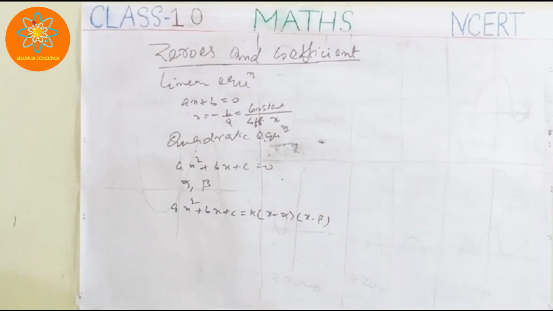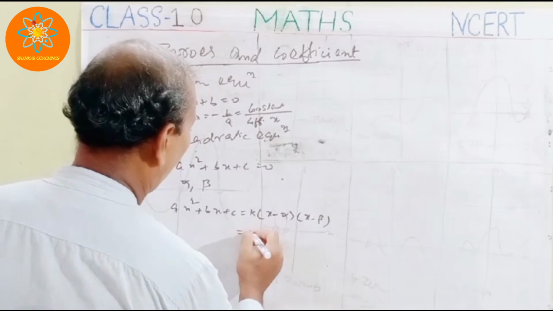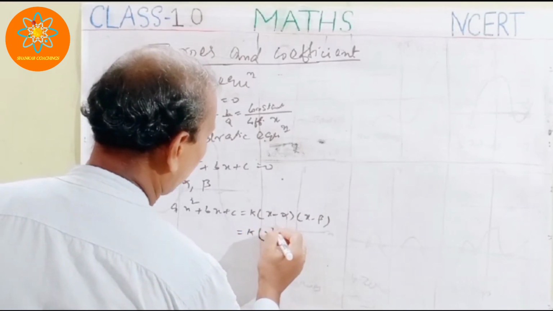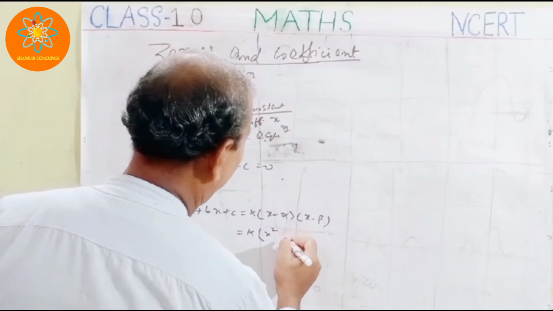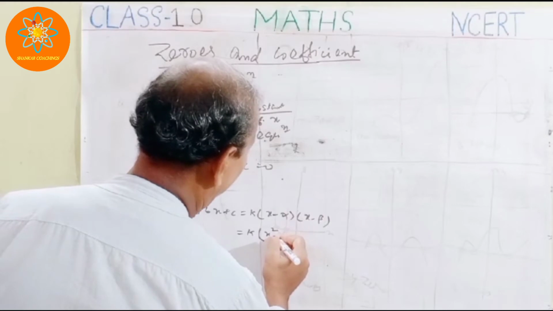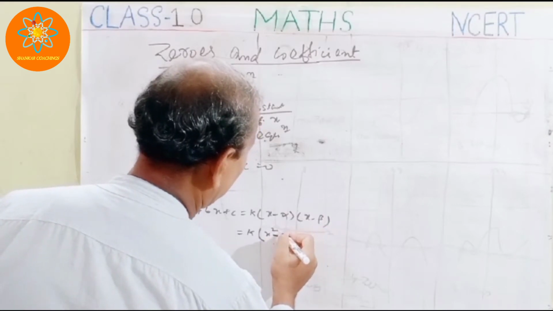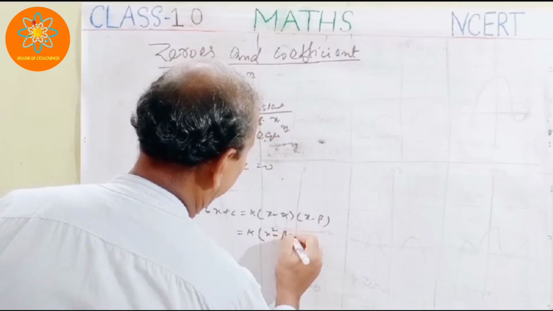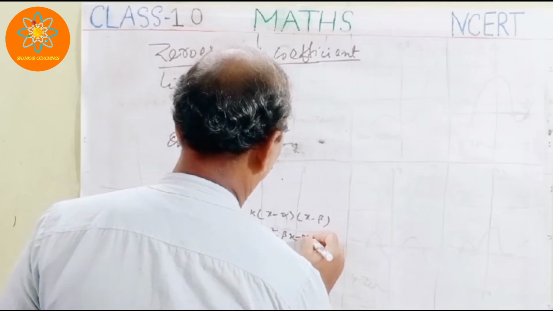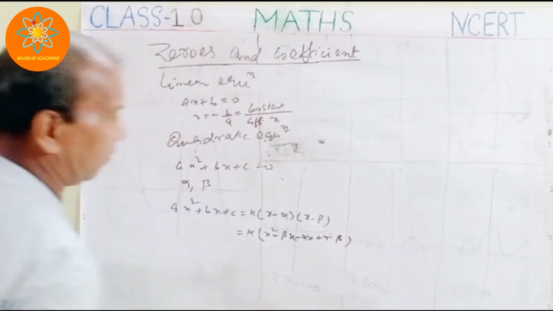This is equal to k into x square minus beta x minus alpha x plus alpha into beta.